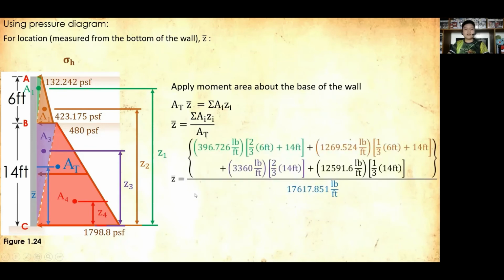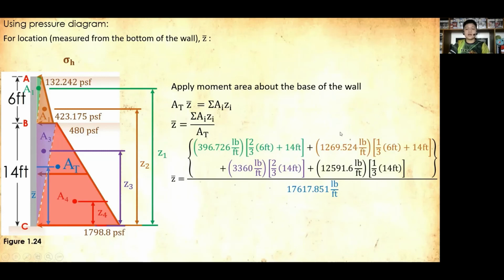Okay, so for our Z bar now, starting with the green triangle, we have the area earlier, 396.726 pounds per foot. Multiply that with the moment area, lever arm rather. So for our centroid, for this triangle, this is 2/3 of 6 plus the remaining distance, which is 14.